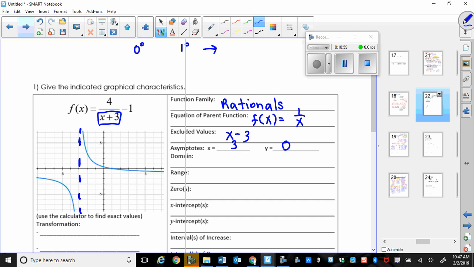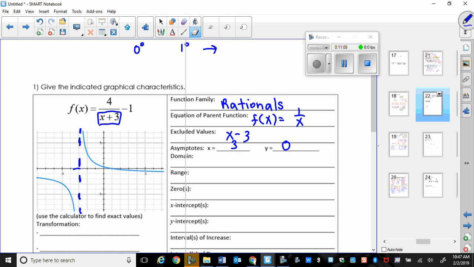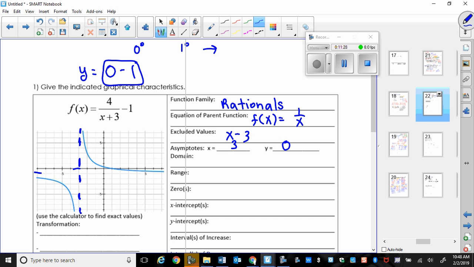Sorry, not y equals 0. Let's be careful here. You have to be careful. So y equals 0 minus 1. So minus 1 right there. You can identify it on the graph. I almost made a mistake there. So y equals negative 1. It's not 0. It's negative 1.